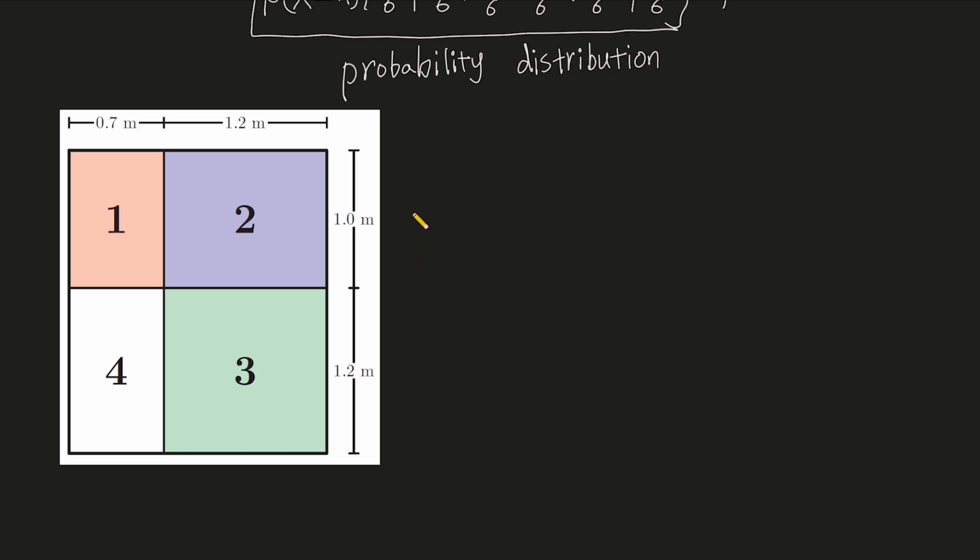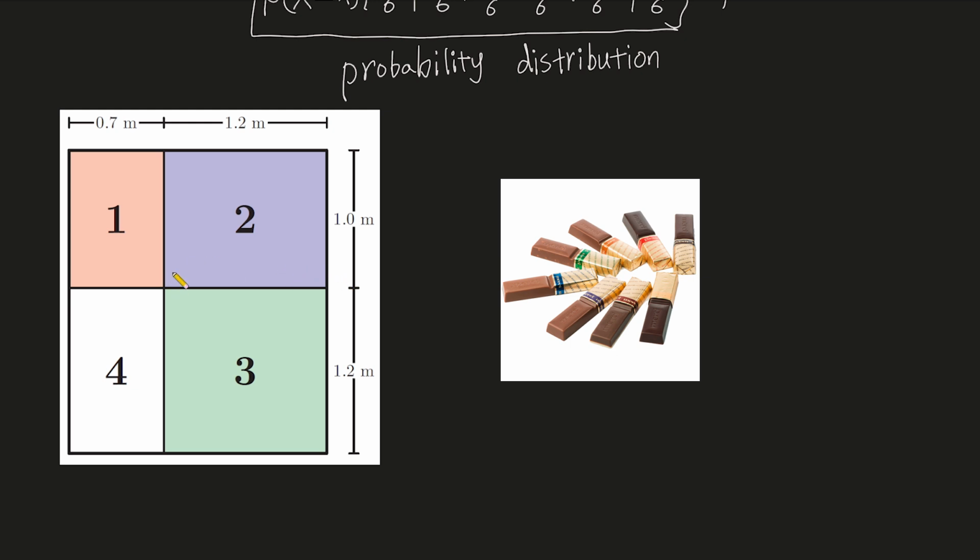If you hit region 1, you will win 1 chocolate. If you hit region 2, you will win 2 chocolates, and so on. If you hit region 3, you will win 3 chocolates. And now let the number of chocolates you win be the discrete random variable.